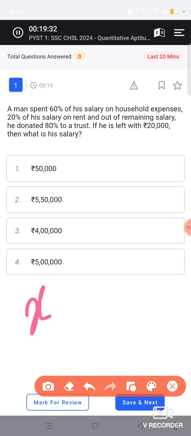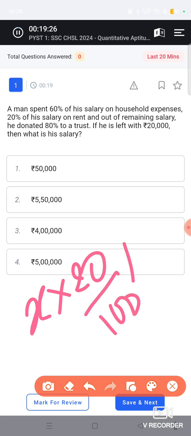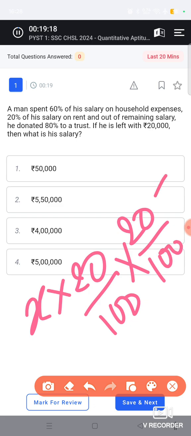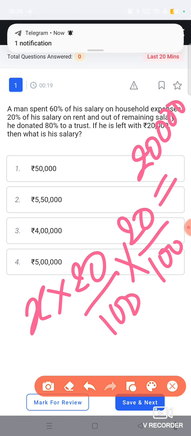It means x into the remaining salary, he donated 80%, it means 20 by 100 is equal to 20000. Okay, so solve this.